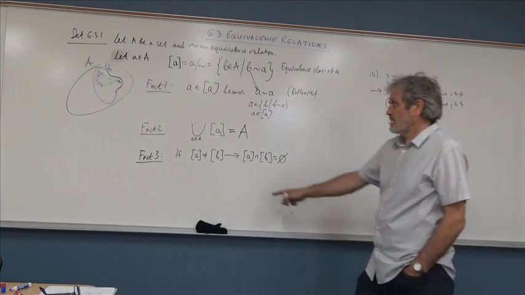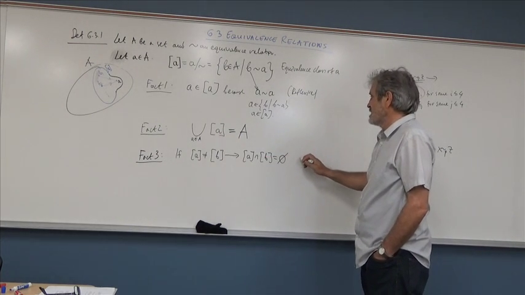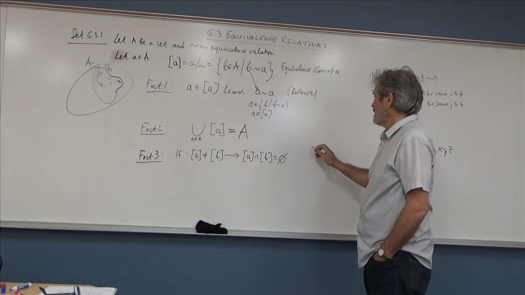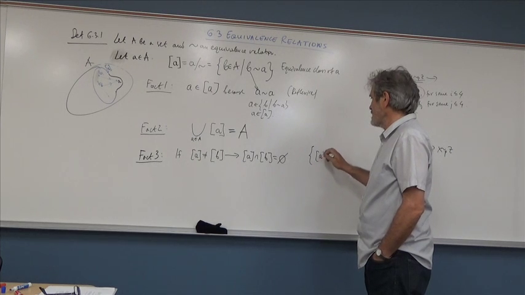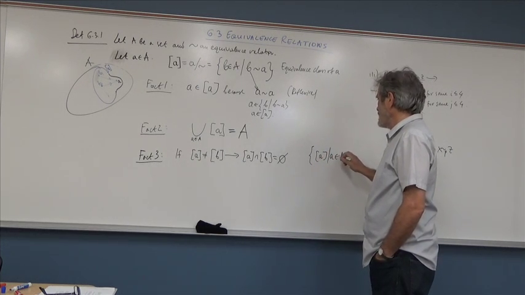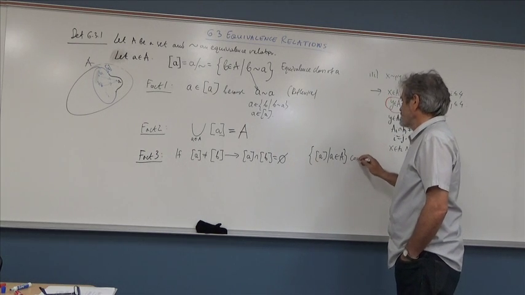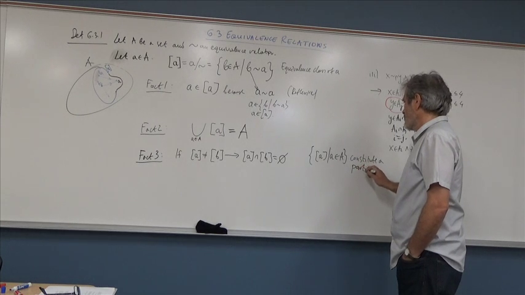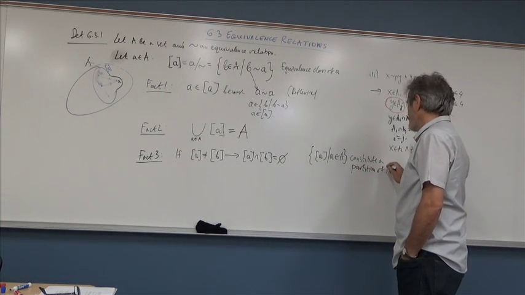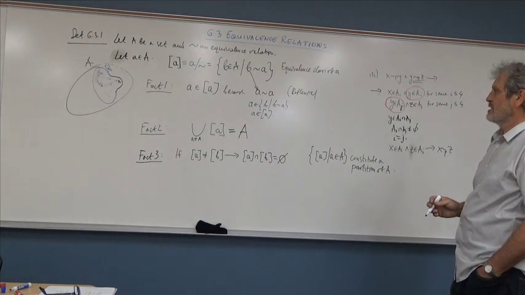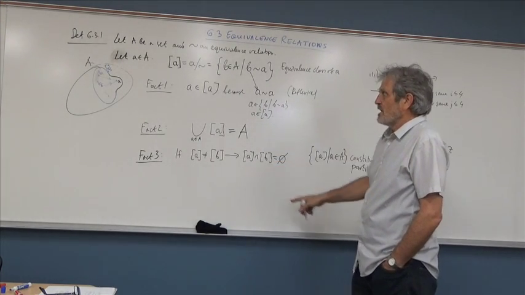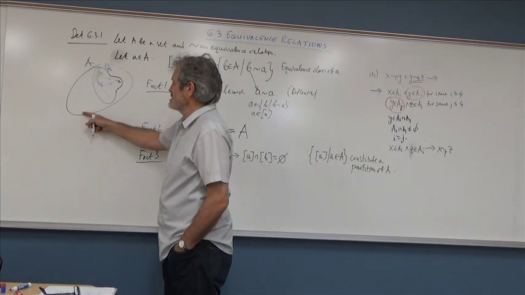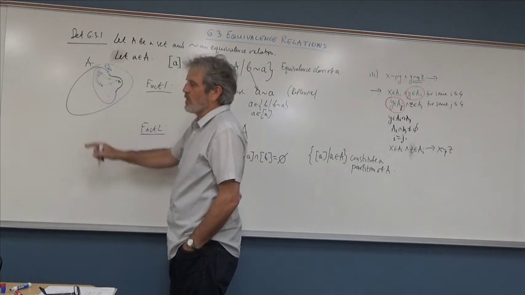When I look at all these classes, together with this fact, the set of classes of A, when A belongs to the set, constitute a partition. That's the third fact. Because it says that I will never have overlap of two of these classes. They are either the same class or completely disjoint.